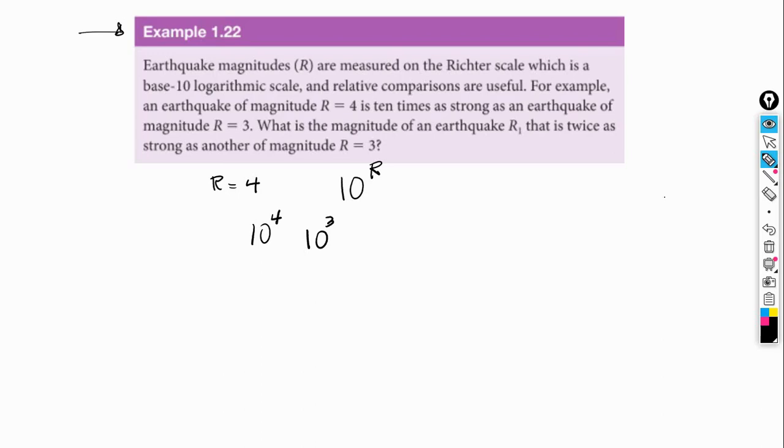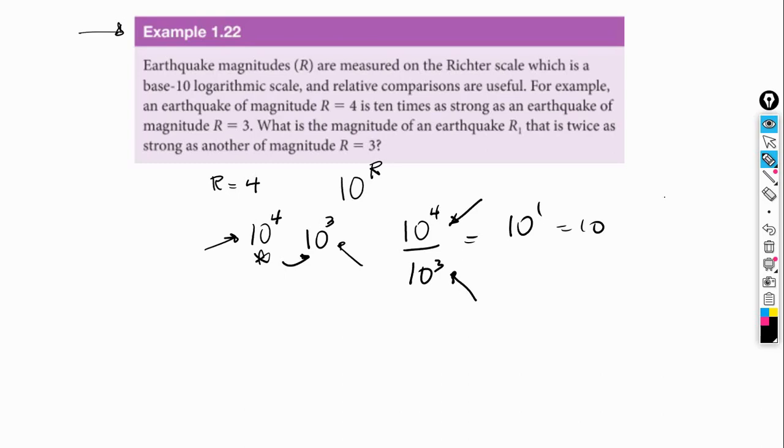So comparatively speaking, this earthquake is obviously 10 times stronger than this earthquake. How do we know that? Well, because 10 to the 4 divided by 10 to the 3 would tell us how many more times intense this is from this. And recall that this is 10 to the power of 1, which is 10, right? Because 4 minus 3 is 1. So 10 times stronger. That means that this earthquake here is 10 times stronger than that one.